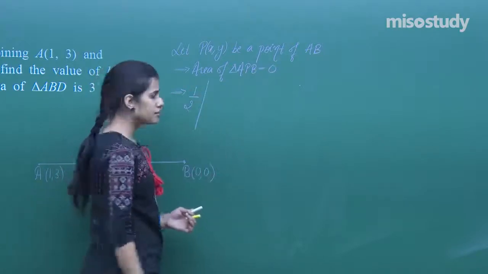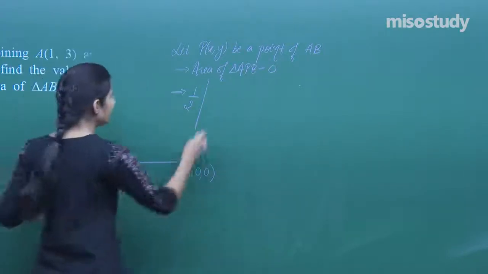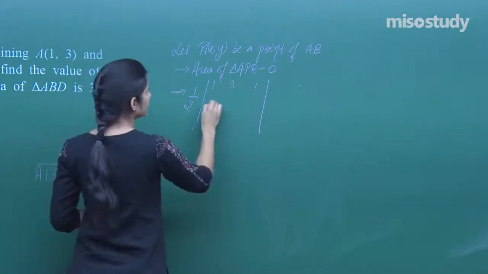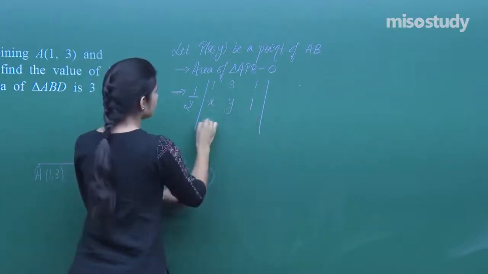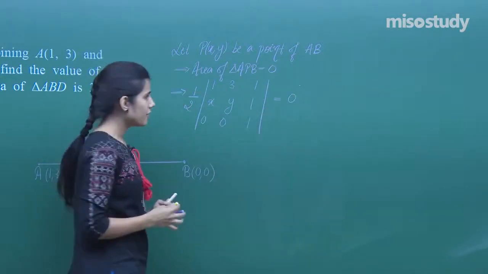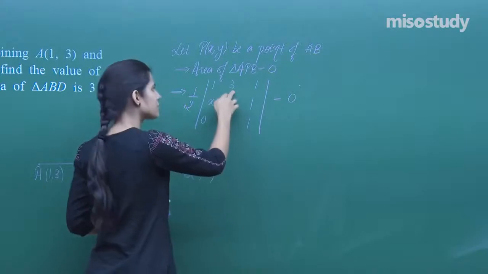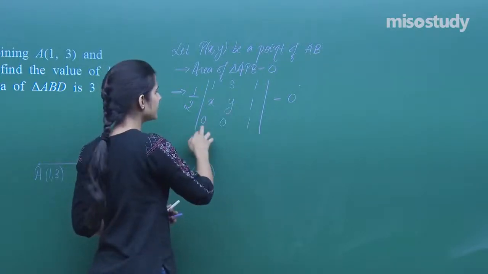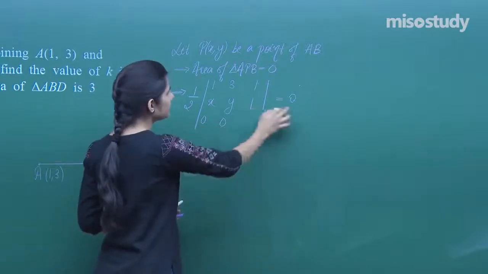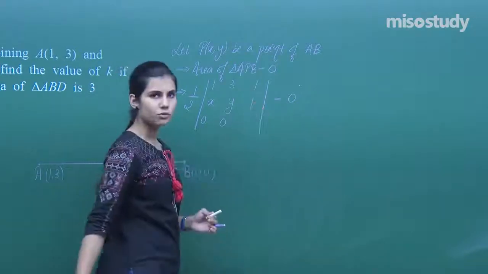What is the formula? 1, 3, 1; x, y, 1; 0, 0, 1. This is 0. This is the formula. Fine. (1, 3) is the first vertex, (x, y) the second, (0, 0) the third, with 1 throughout in the third column, half multiplied by this determinant equals 0.